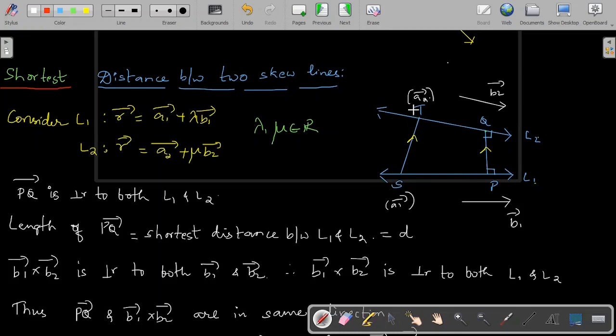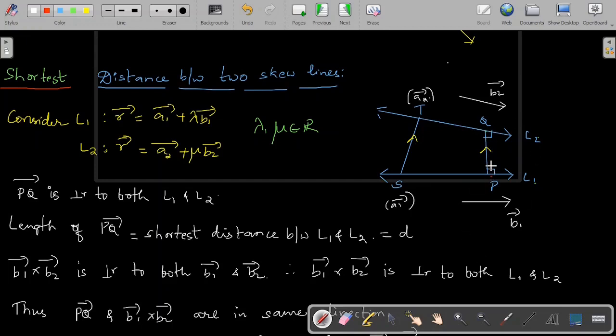Distance between two lines is nothing but a line segment drawn between the two lines: a point on one line, and another point on the other line, then you join those two points. You can join at different places, but you will get the shortest distance when you join those two points in such a way that the line segment joining them is perpendicular to both lines.